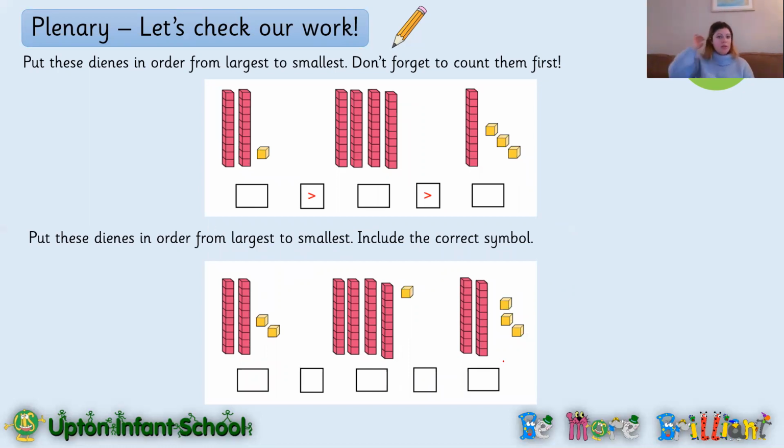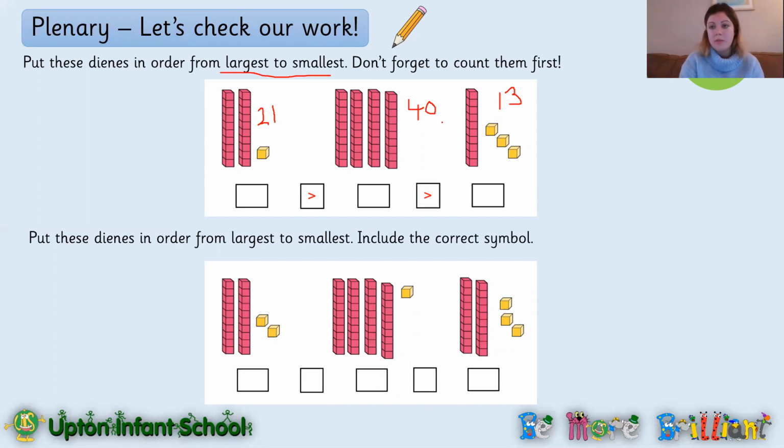Okay, this next part of the question said put these deans in order from largest to smallest, and don't forget to count them first. Okay, so I have 2 groups of 10 here and 1 one. I have 4 groups of 10 here and 0 ones. And I have 1 group of 10 here and 3 ones. Okay, so I'm putting them in order from largest to smallest.